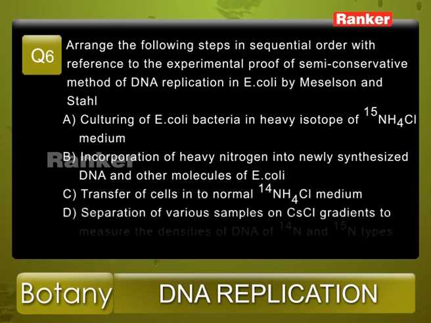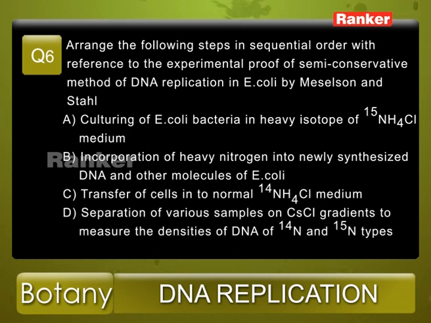Question number 6. Arrange the following steps in sequential order with reference to the experimental proof of the semi-conservative method of DNA replication in Escherichia coli by Meselson and Stahl. A. Culturing of E. coli bacteria in heavy isotope N15 containing ammonium chloride medium. B. Incorporation of heavy nitrogen into newly synthesized DNA and other molecules of E. coli.